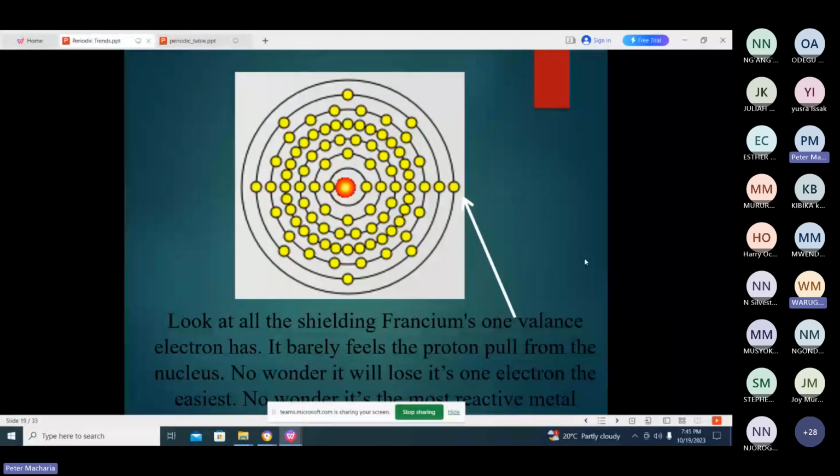So what does that mean? It means that that electron can easily be lost, isn't it? And that is why as you go down the group, the ease of losing an electron increases because the outermost electron has very minimal attraction to the nucleus.